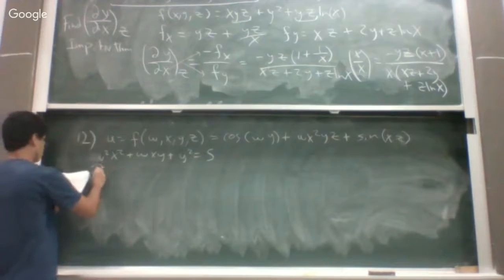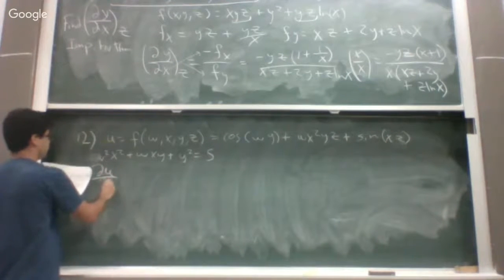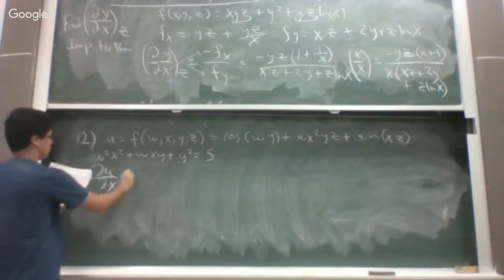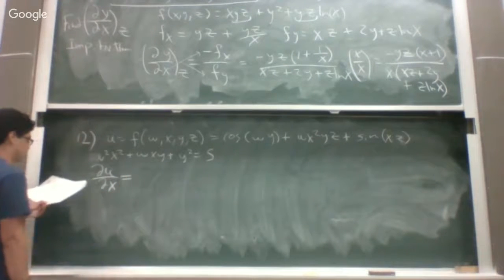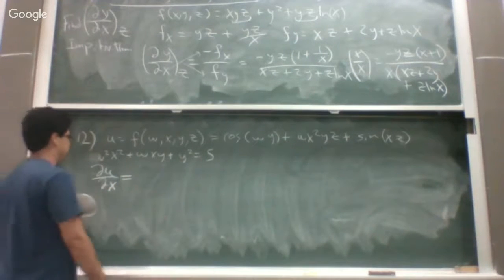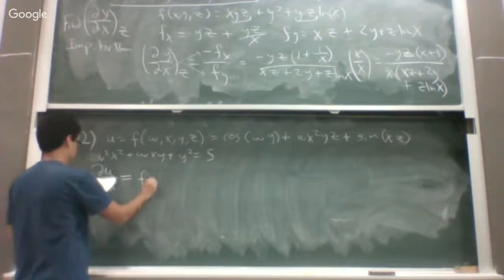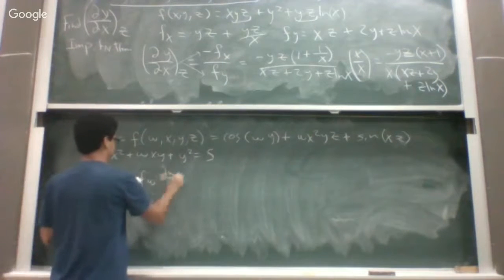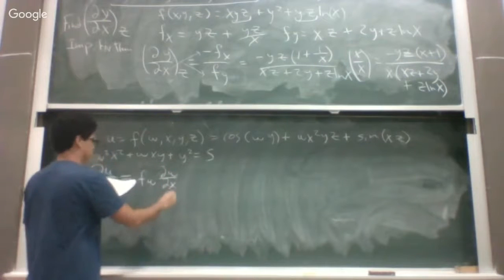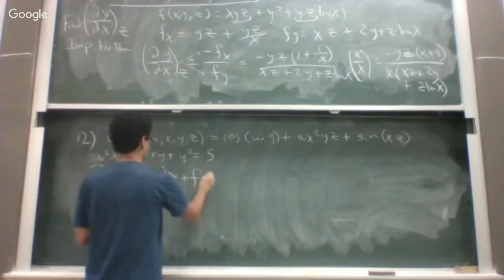To find the partial of u with respect to x, what do we have? f of w, dw dx, plus f of x.